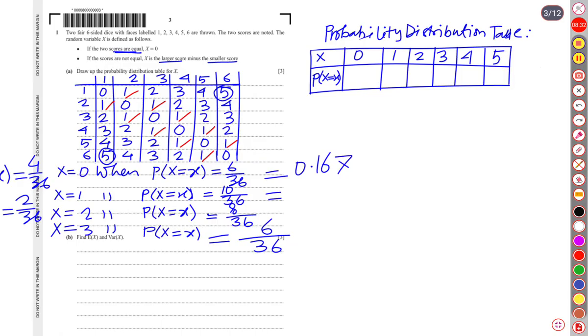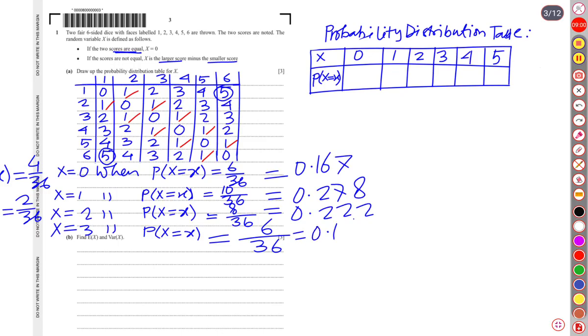Then 10 divided by 36 is 0.278. If we divide 8 by 36, it is going to be 0.222. Then if we divide 6 by 36, it is going to be 0.167.